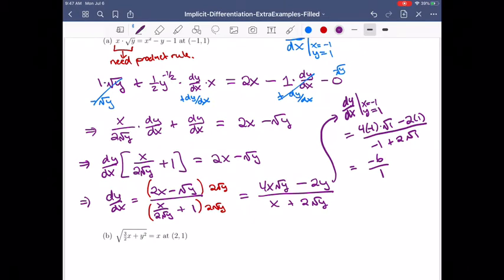Okay, so I think that I get that it's -6. So that's going to be our final answer. So the slope of our tangent line is -6 at the point -1, 1.